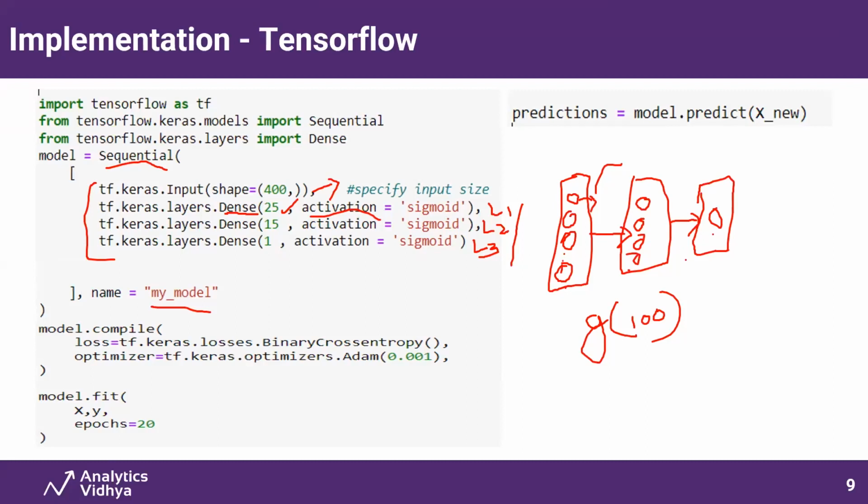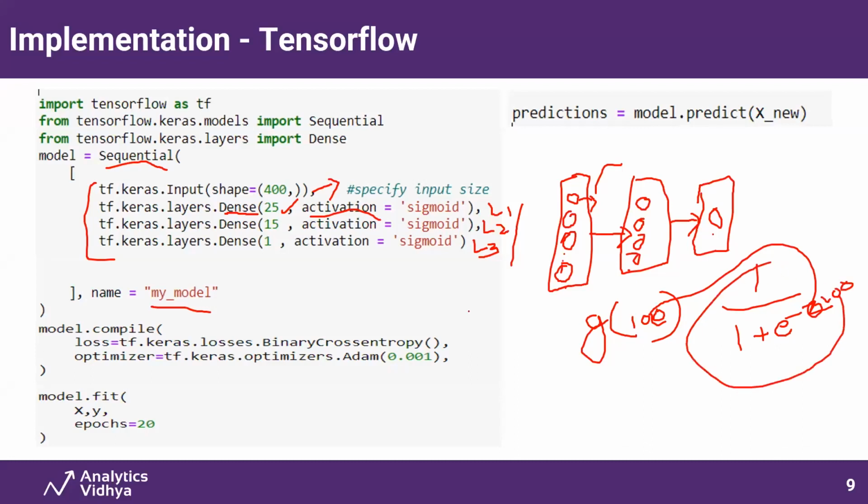For those of you who want to know right now, the sigmoid function is 1 upon 1 plus e to the power minus z, where z is nothing but this value here. So it becomes e to the power minus 100. This becomes the output of each neuron in your layer, right? So each neuron acts accordingly.